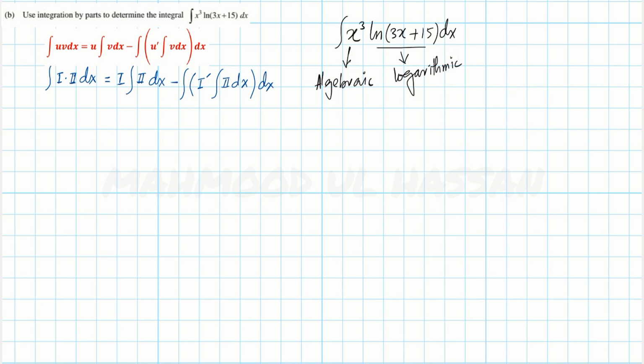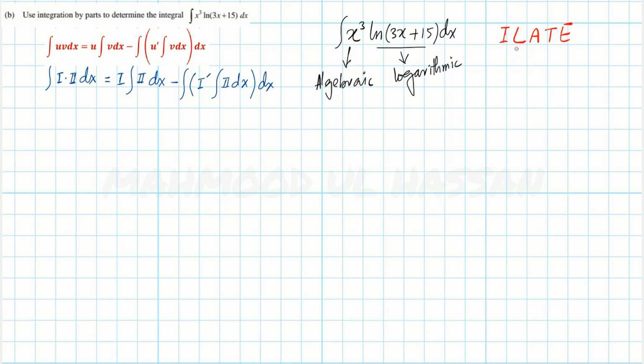As we discussed in our previous video, we have to remember this word, ILATE. Here I stands for inverse trigonometric functions, L for logarithmic, A for algebraic, T for trigonometric, and E for exponential.